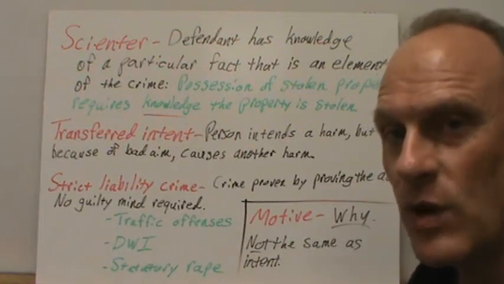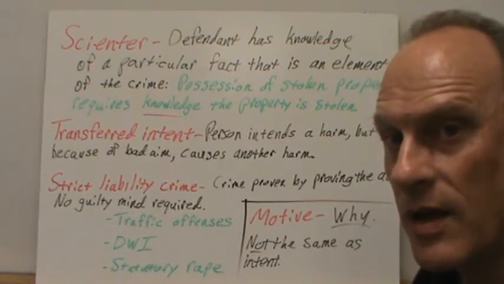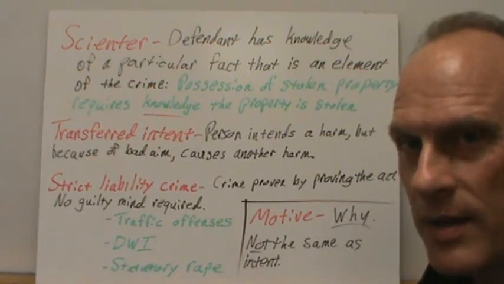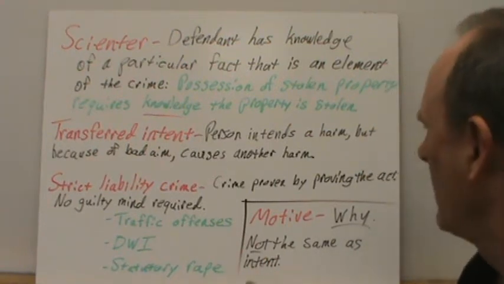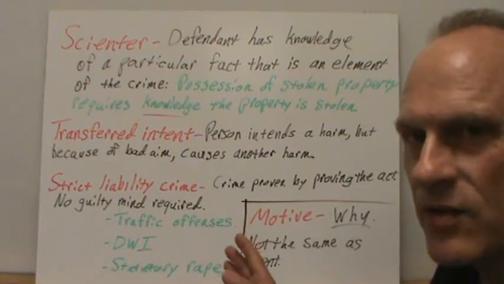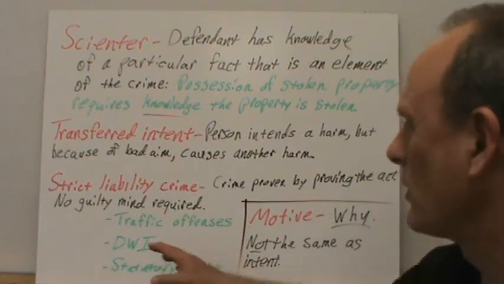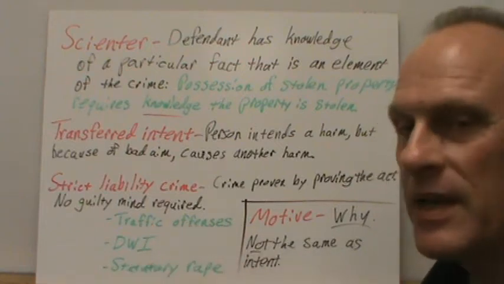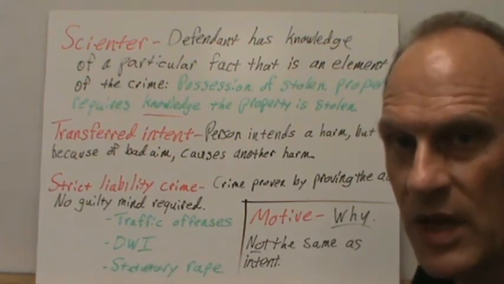Then we get to strict liability, something I mentioned a moment ago. Here, a strict liability crime can be proven just by proving the act, and no particular guilty mind is even required. Examples would be a traffic offense.